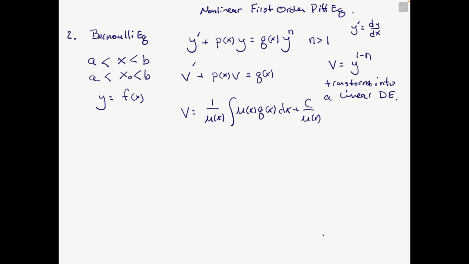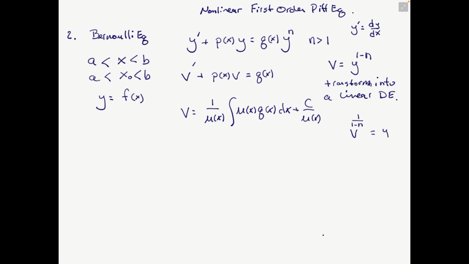and we have v equals 1 over mu of x times the integral of mu of x q of x dx plus c over mu of x.